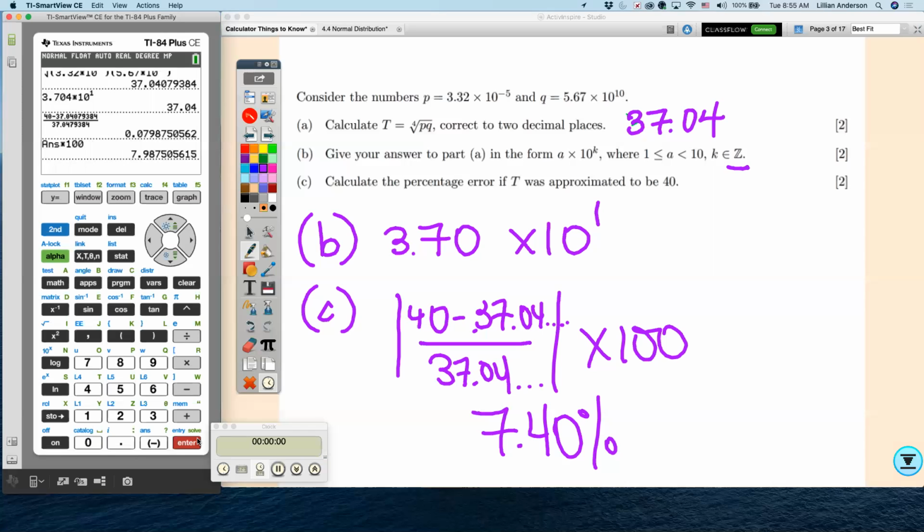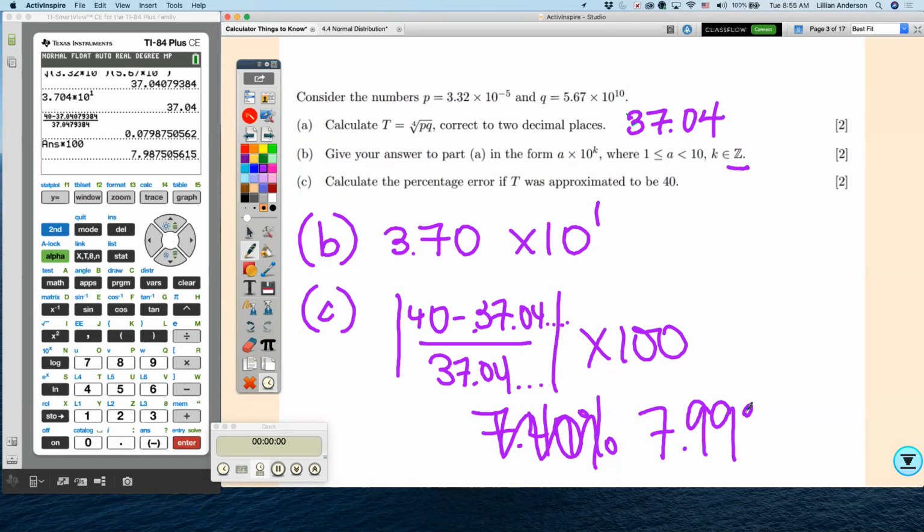Okay, so we got to be very, very careful. So it should be 7.99, because here I should definitely round to 3 significant figures because it didn't tell me how to round this particular part. So it's always 3 significant figures.